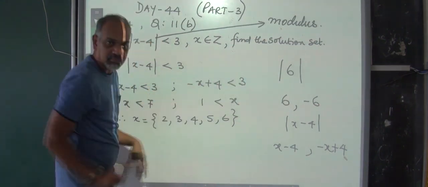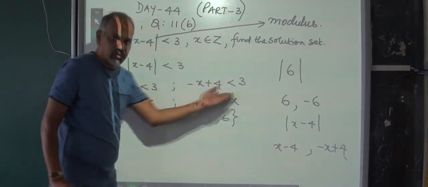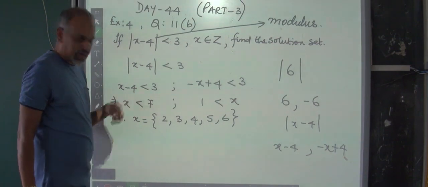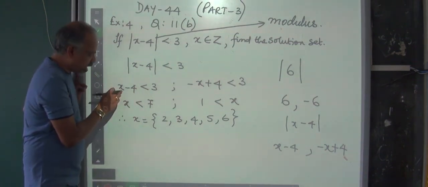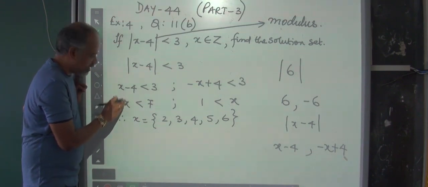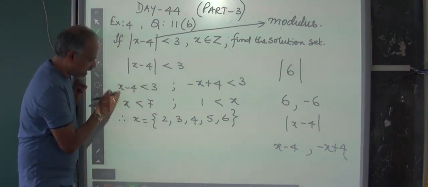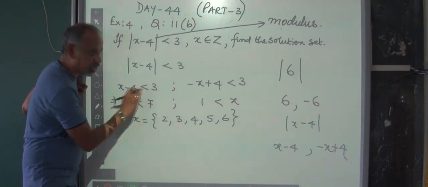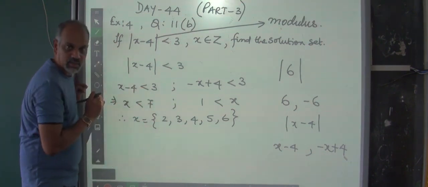The 3 remains the same. Now to solve this, in the first one there is only one x term, and it is positive, so let it remain there. Take the minus 4 to the other side. So x is less than 3 plus 4, that will give you 7.